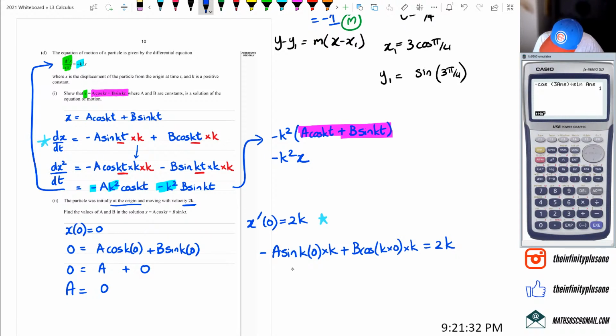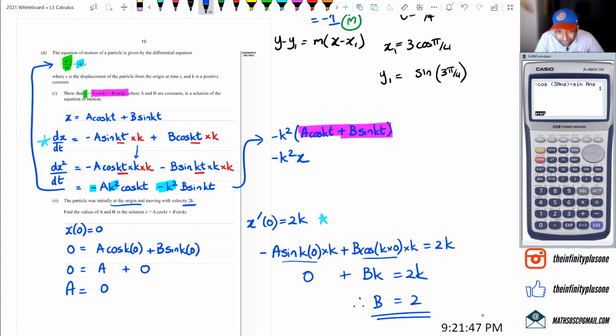So with that in mind, I've got sine 0, so the whole first term ends up being 0. And I've got cos 0, which equals 1. So I'm going to get bk is equal to 2k. Therefore, b is equal to 2.